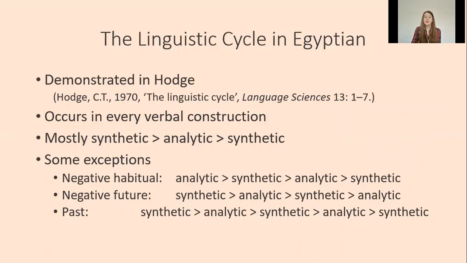The linguistic cycle occurs in the developments of each and every construction, and in the majority of cases, this involves the development of a synthetic form to an analytic form to another synthetic form, so involving two synthetic stages which can be compared.